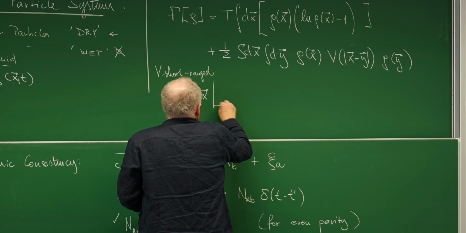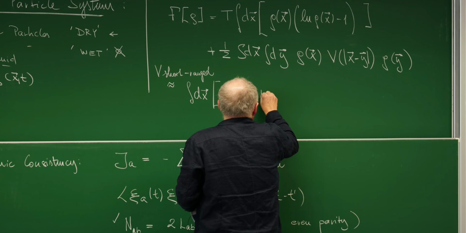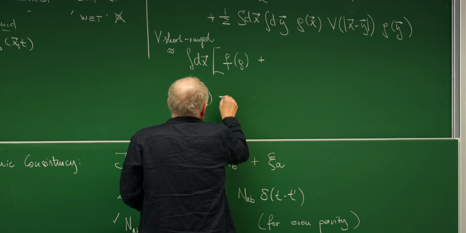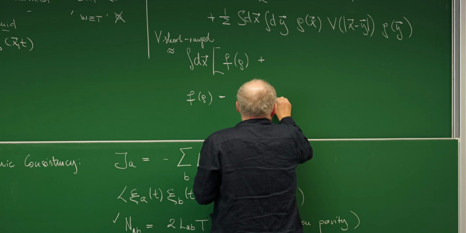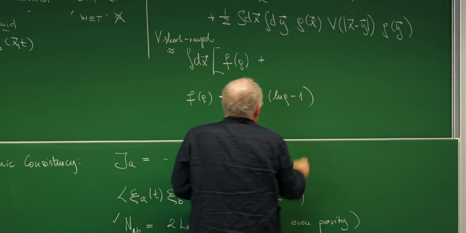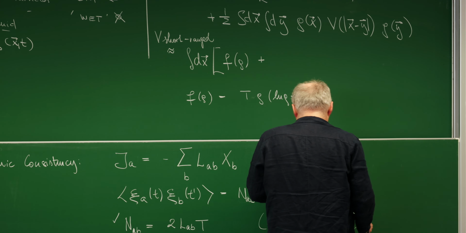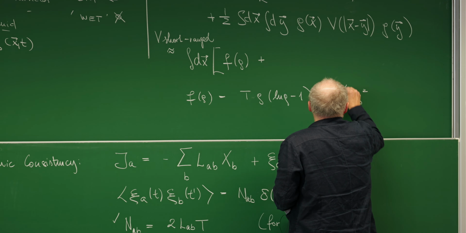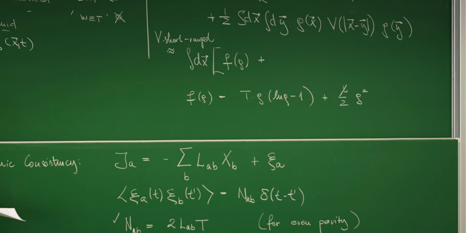This is dx. And then you will have some kind of local part. And this local part will contain a term T rho (ln rho minus 1). That is just the entropy term that we already had. And then from the Taylor expansion, the leading order term will give you something proportional to rho squared, and I call the prefactor chi over 2.